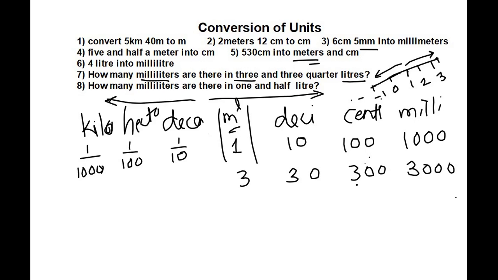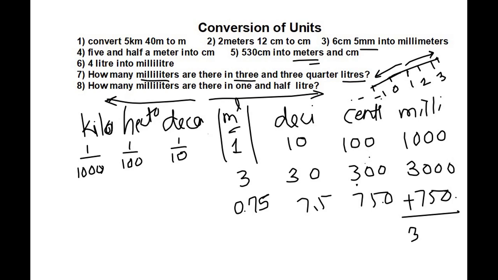And 3/4 liters. So 1/4 is 0.25, then half is 0.5, then 3/4 is 0.75, and after conversion it will give 750. And so the total will be 3750.